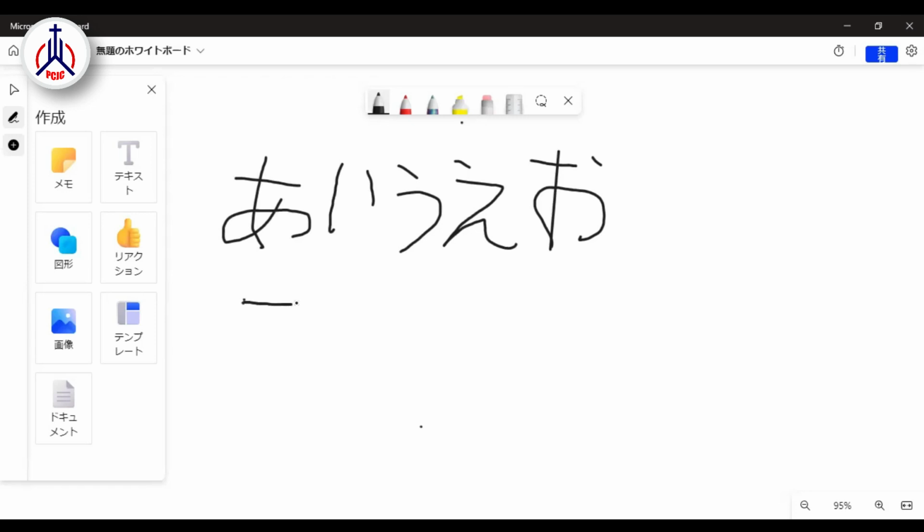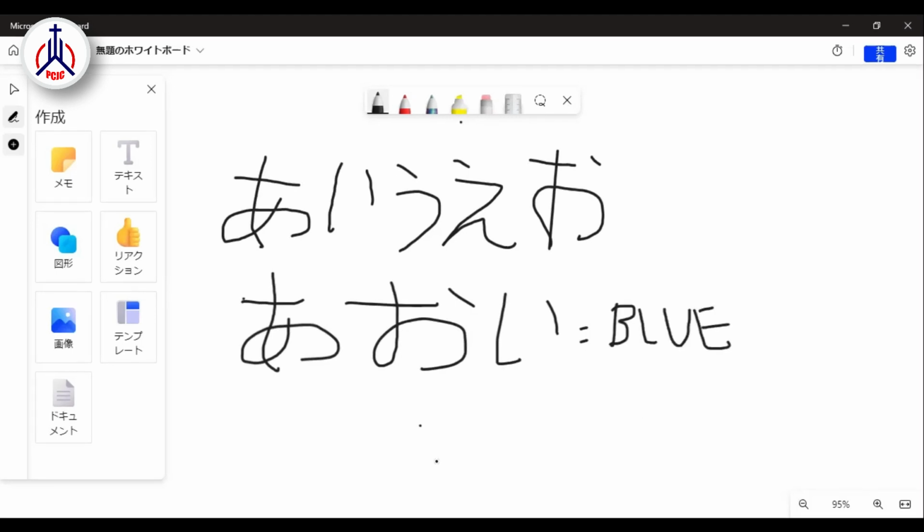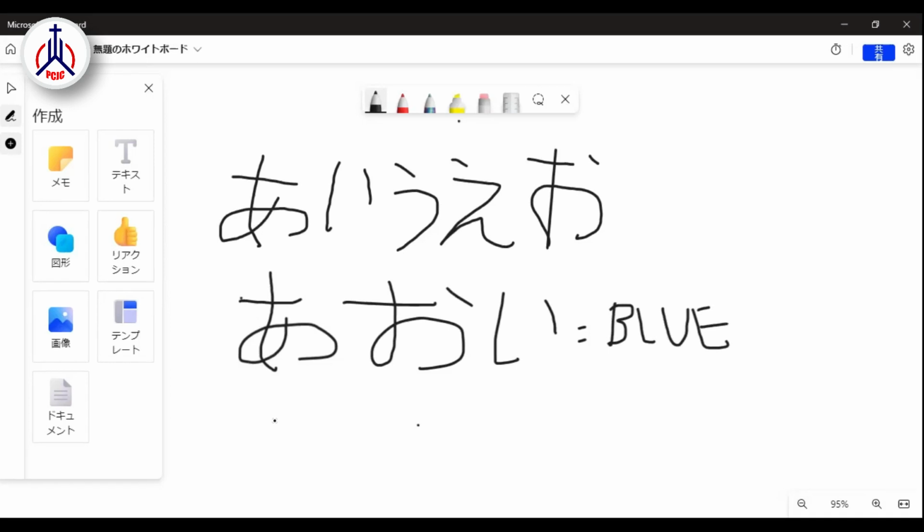Okay, who can read this? Aoi means the color blue. Aoi. Okay? Next word from the vowel hiragana.